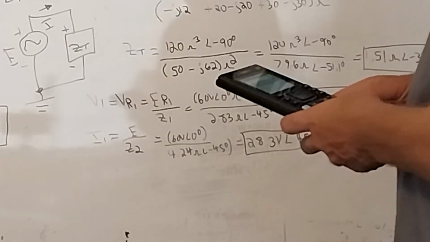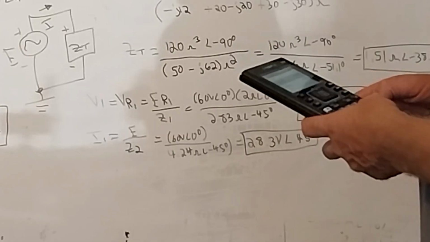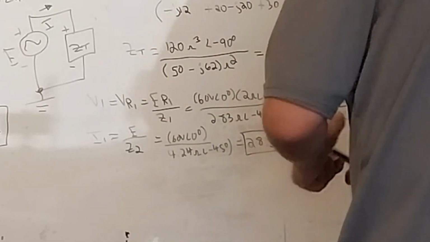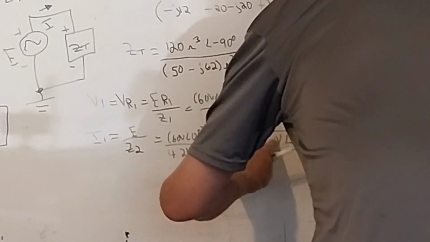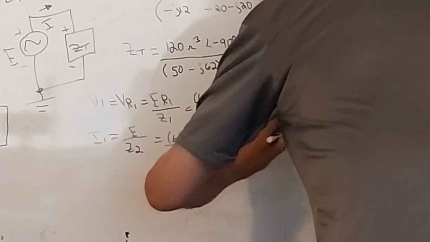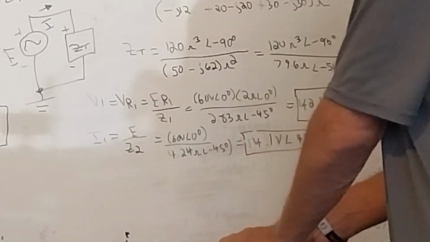Oh, that's why. I took 120 divided by that value, so I just divide that final answer by 2. 14.14. I had 120 instead of 60. So yeah, 14.1 amps is the answer for that.